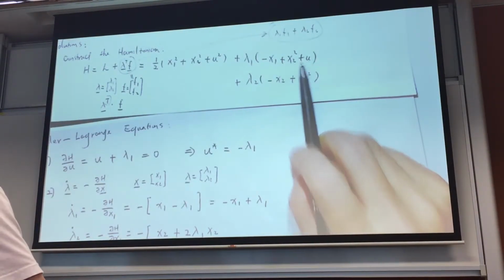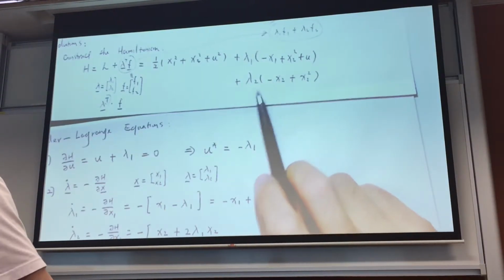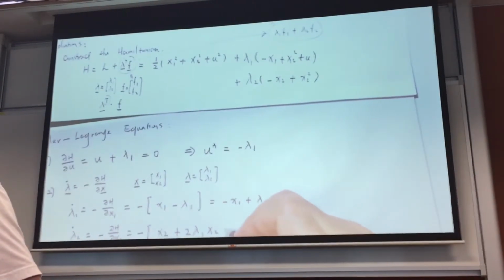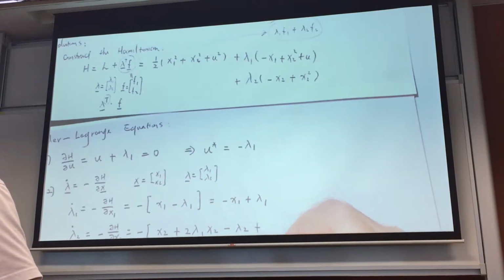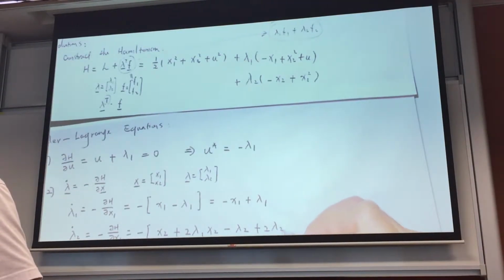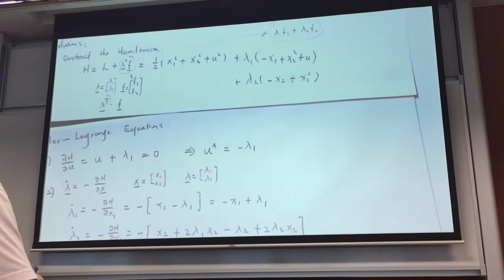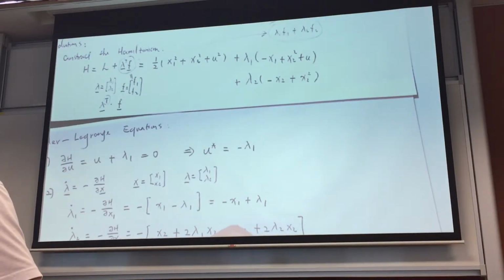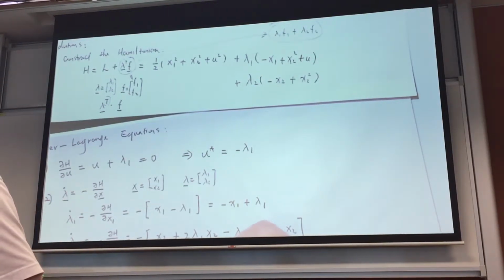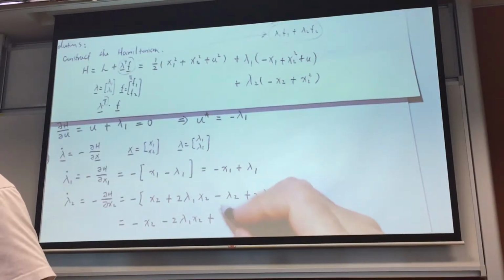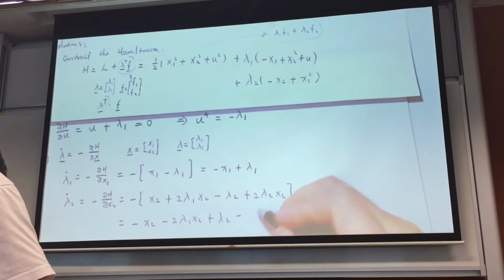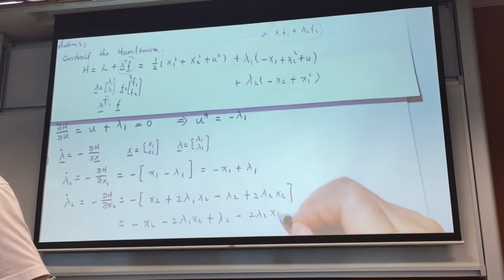The u term will be 0. Then minus lambda 2, plus 2 lambda 2 x2. So this equals minus x2 minus 2 lambda 1 x2 plus lambda 2 minus 2 lambda 2 x2.